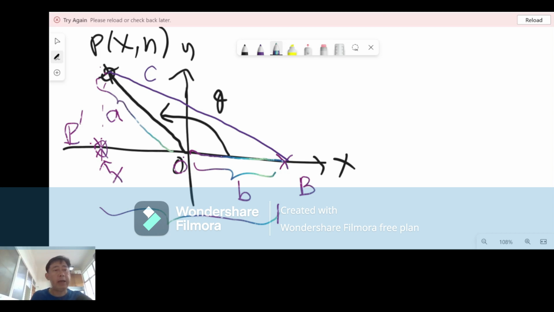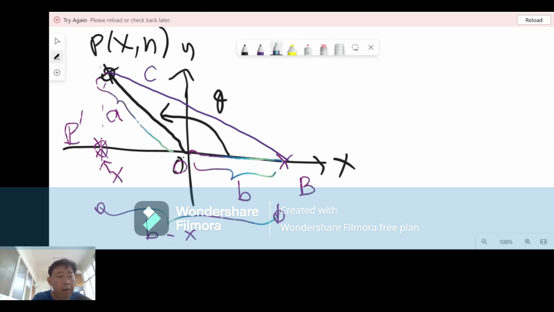The x here could be positive or negative, depending on the angle theta. Okay, so the length between B and P prime is given by B minus x. It's not B plus x, but B minus x.